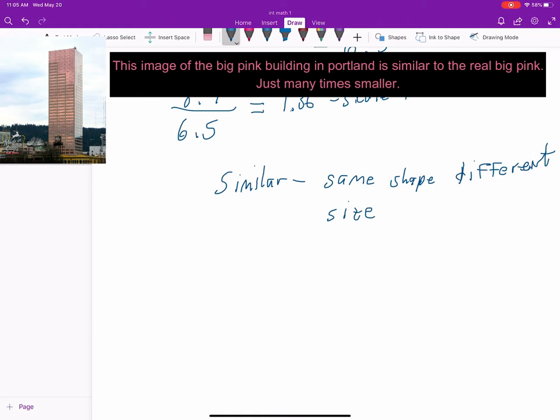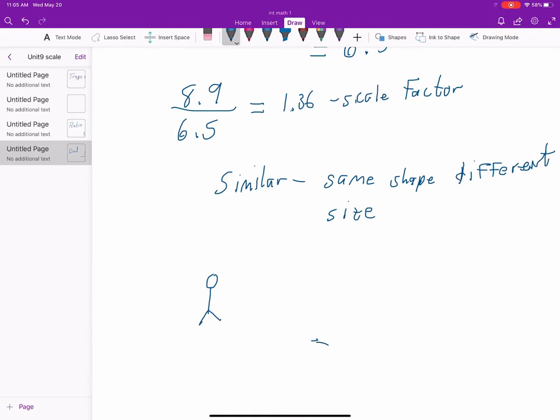So if we drew a picture of Robert, and then a picture of Zion, this isn't quite to scale, so let me make this a little bit bigger. Something like that. If they have the same kind of measurements, then we could say that they are similar. So let's check that out.